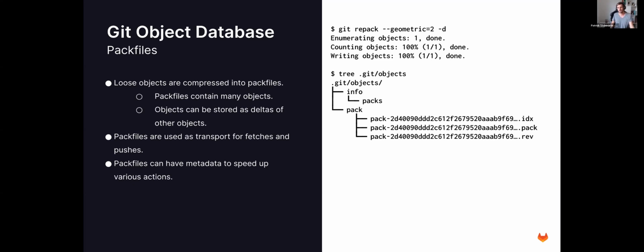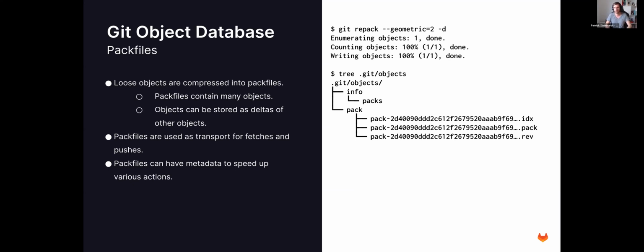Furthermore, Packfiles can also have different metadata attached to them, which is required to speed up various actions. You can see on the right-hand side that we first perform a repack by running git repack --geometric=2 and then -d, which simply asks Git to repack all the objects that exist in the repository into a single Packfile, and also delete the loose objects which have just been packed.